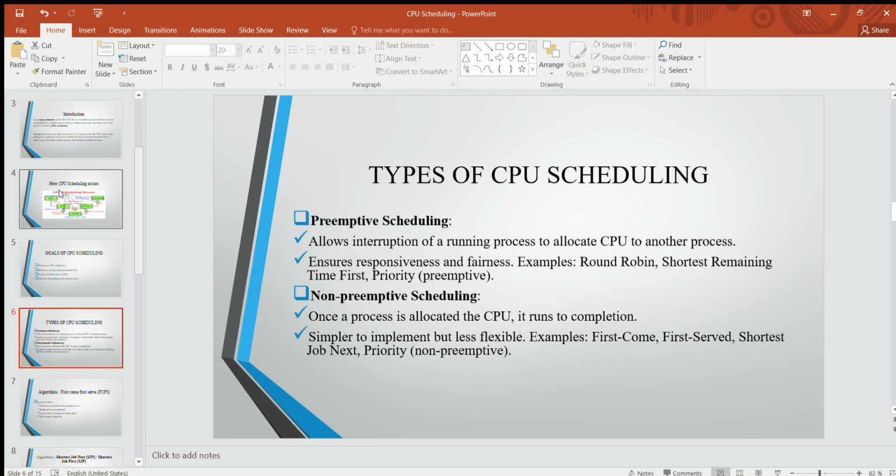All right. Now, the types of scheduling are preemptive scheduling, which allows interruption of a running process to allocate the CPU to another. Something like priority or round robin happens with these algorithms. With priority, you're given a priority number, and the process with the highest priority gets the CPU.